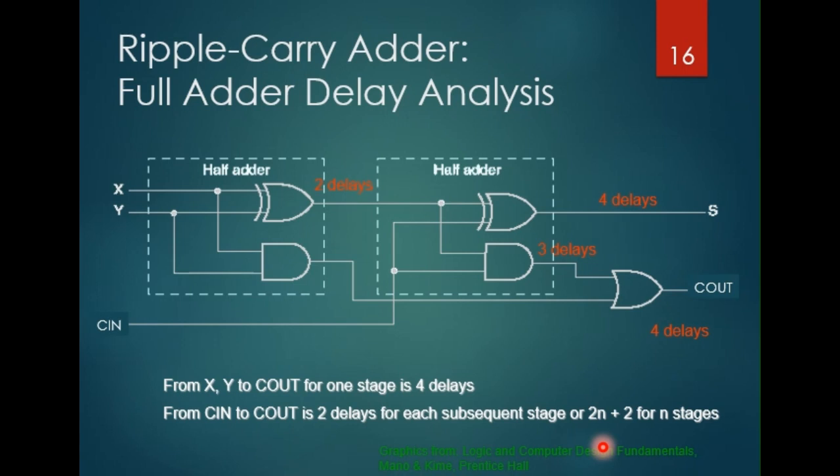That is why I said just now that the limitation is caused by the propagation delay of the carry signal from the carry in to the carry out, and it doesn't end as an output like S, but this carry out is connected to the next carry in to produce the following signals.